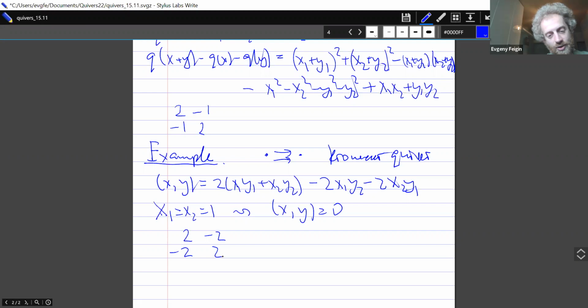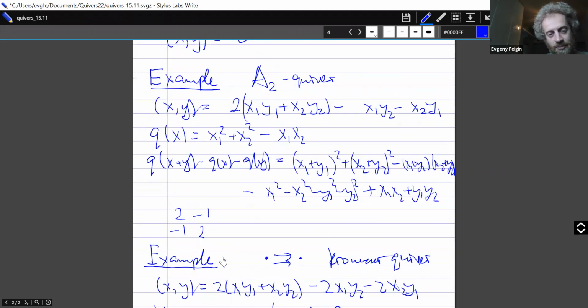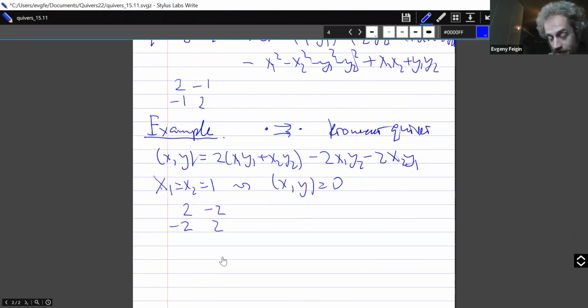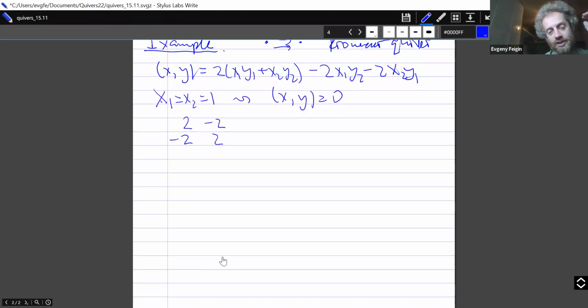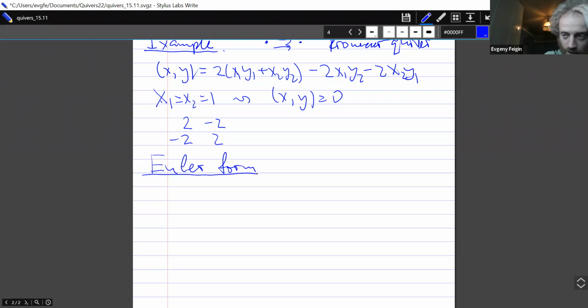Okay, so these are some examples, and you can see that even for a simple quiver, it might not be that trivial. So maybe the last definition, which is also important for the story, is what is called the Euler form. The Euler form is defined on the same space.